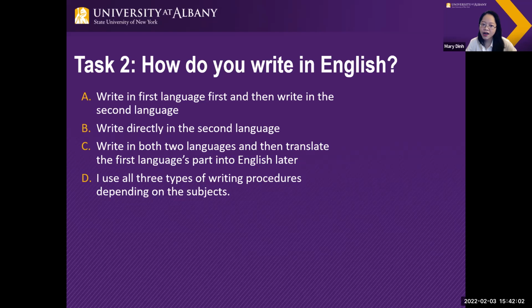B, you write directly in your second language, in English. C, you write in both languages and then translate the first language part into English later. It means you code switch, you mix the two languages and write them down, and then you edit and change it a little bit later. Or D, you use all three types of writing procedure depending on the subject.